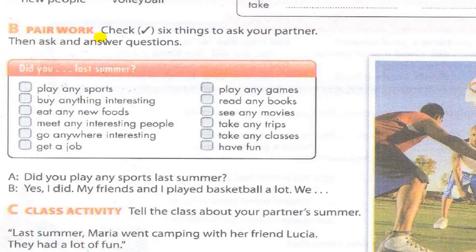B. Pair work. Check 6 things to ask your partner, then ask and answer questions. In this exercise, you will ask your friend some questions.